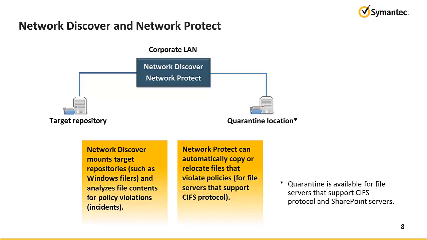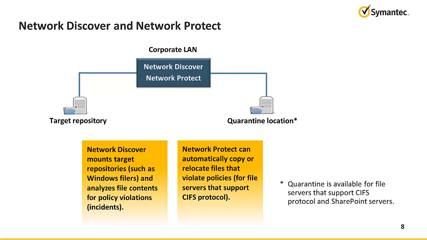In addition, Network Protect can encrypt confidential files discovered on file servers or SharePoint servers through integration with Symantec Information-Centric Encryption, or ICE. Both Network Discover and Network Protect are enabled by a single detection server type, the Discover server. Network Discover is required at a minimum, while a separate license key activates the additional Network Protect functionality.